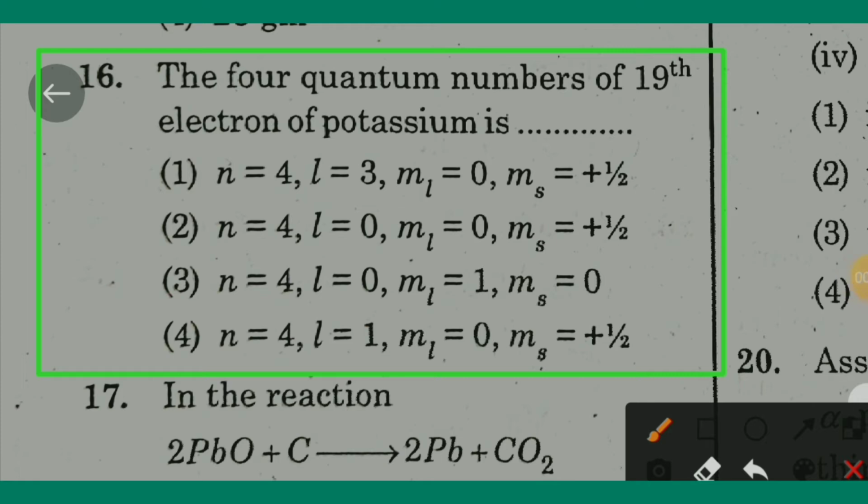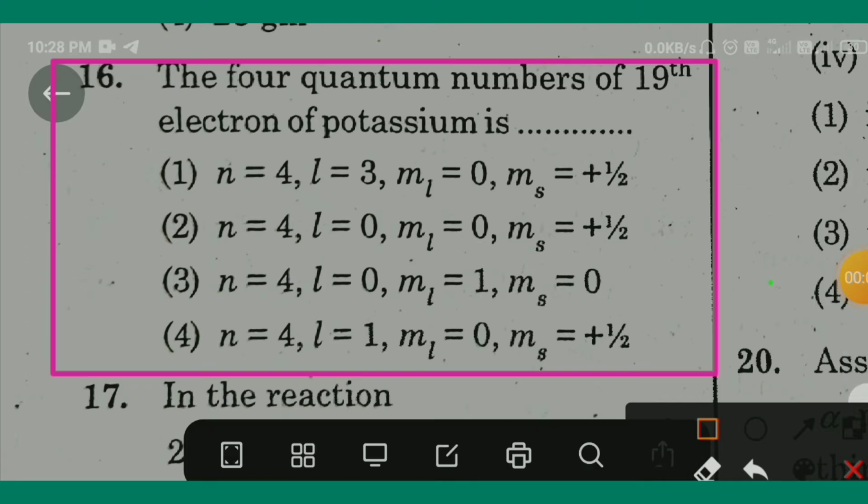Next one, the 4 quantum numbers of the 19th electron of potassium is. Here if you write the electronic configuration of potassium, the symbol of potassium is K, and the atomic number of potassium is 19.